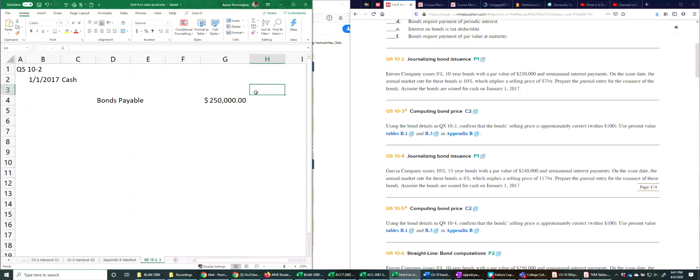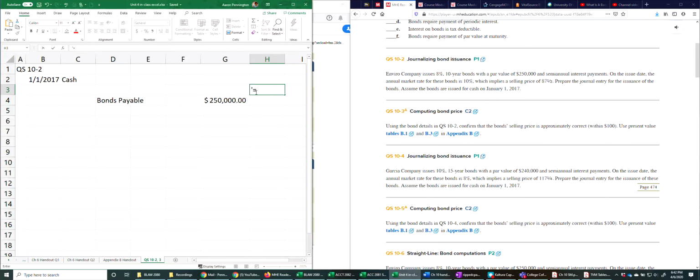And then the market rate is 10%. So the only way I'm going to buy 8% bonds in a 10% market is if they are discounted. And the discount is so that my investment, whatever amount of cash I pay over the 10 years, will yield a 10% return. So that's the real value of the discount.